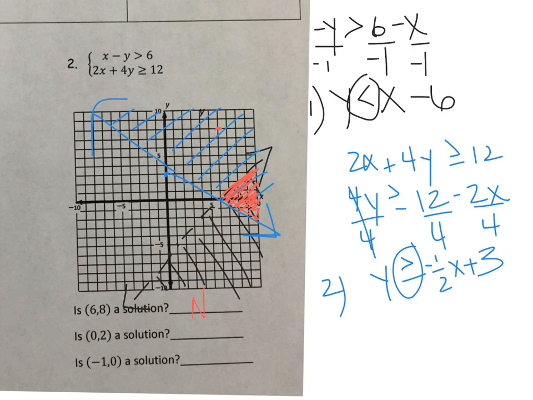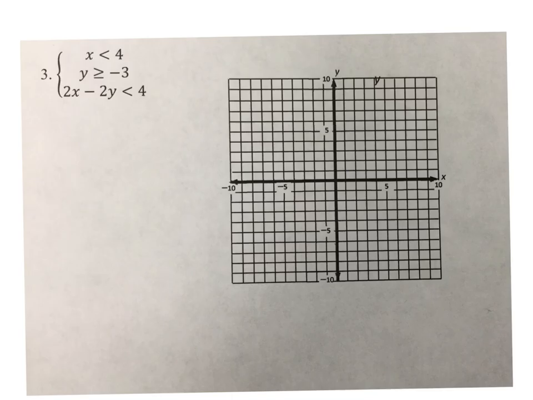So we would say no. 0, 2. 0, 2 is right here. No. Negative 1, 0. No. Okay, let's try 3 equations.